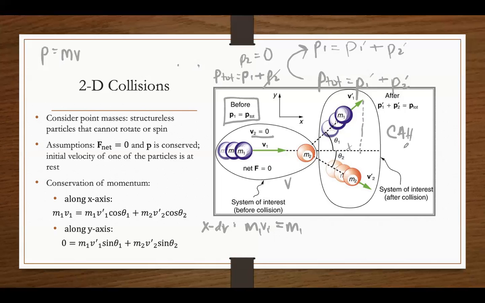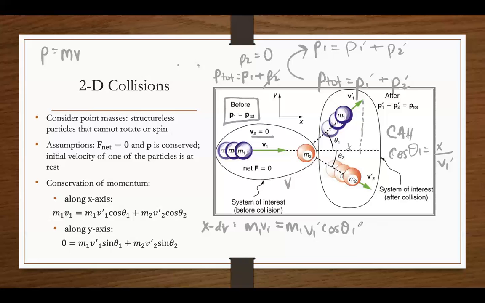So cosine theta 1 equals x over V1 prime. When you solve for x, you get V1 prime cosine theta 1. So that's for P1 prime.